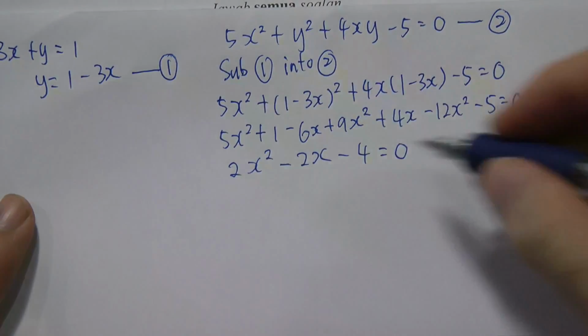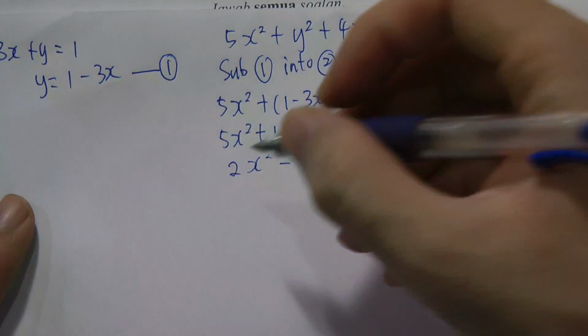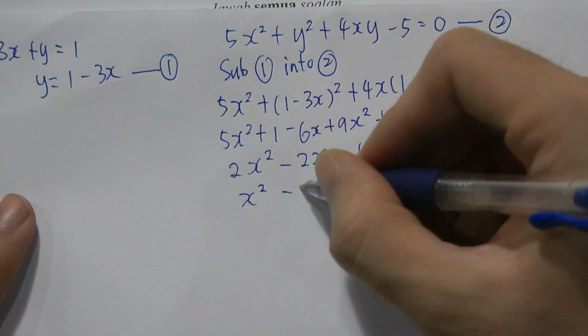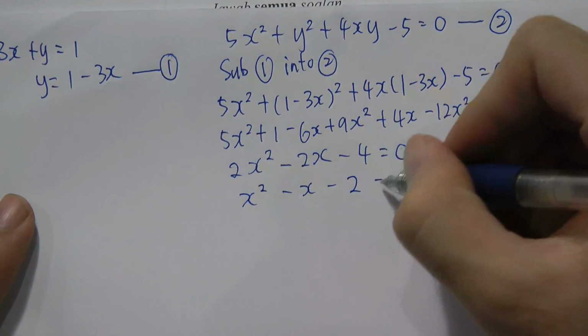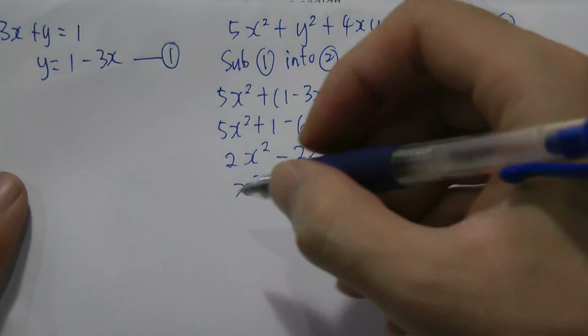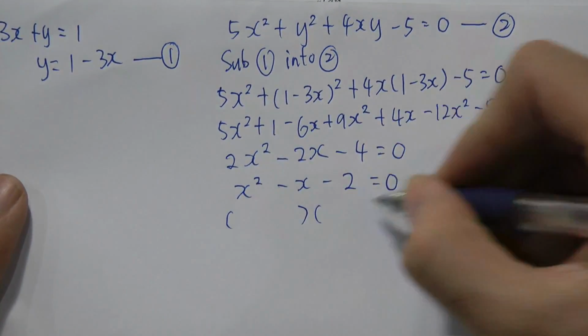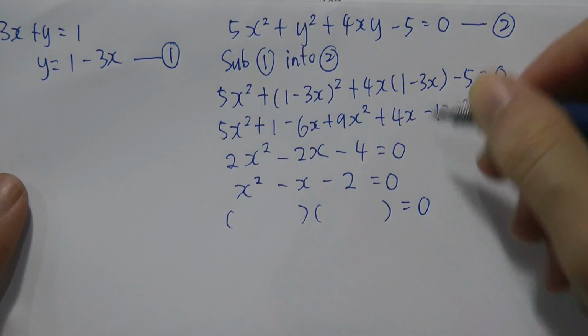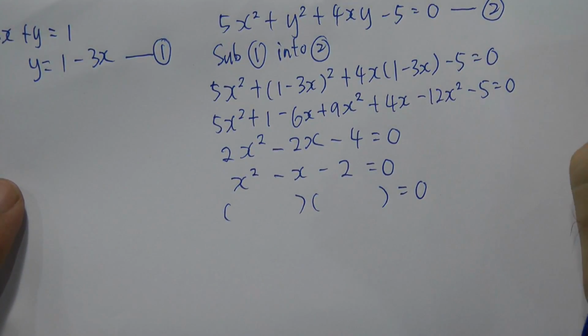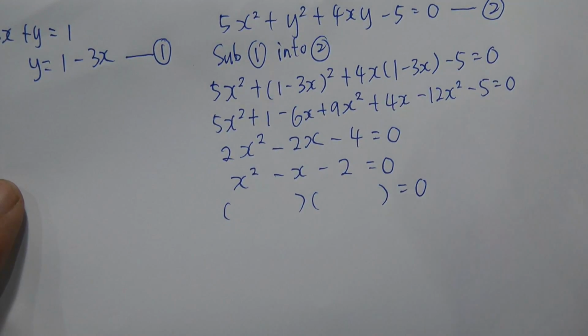I divide the whole equation by 2 to make it look simpler. So I got x squared minus x minus 2 equals 0. Then I just factorize, because this one can be factorized simply. Most of the time in Paper 2 you have to use the formula, negative b plus or minus square root of b squared minus 4ac, divided by 2a.